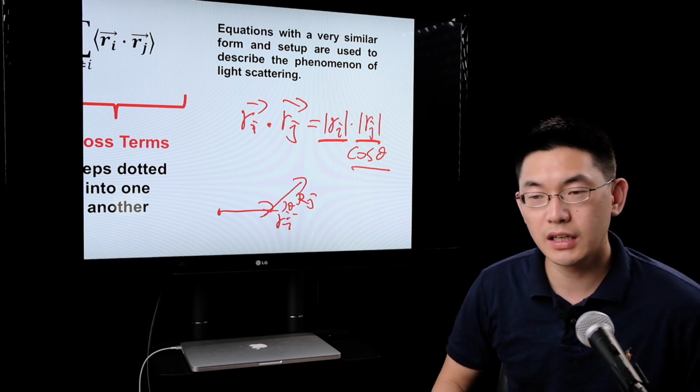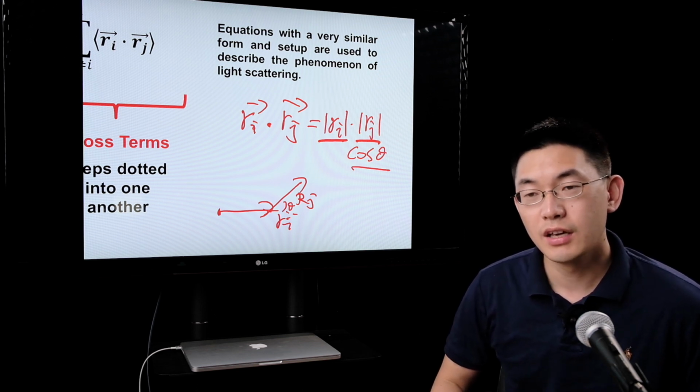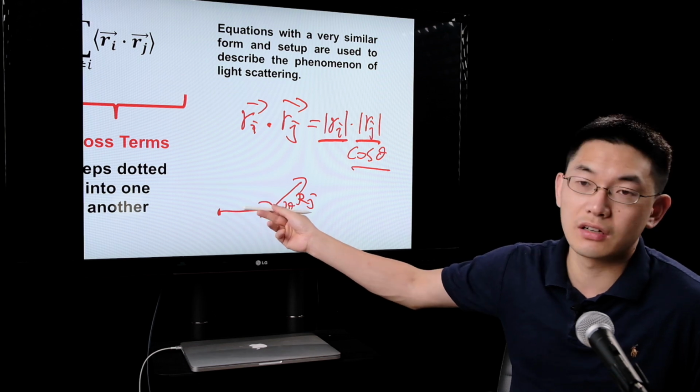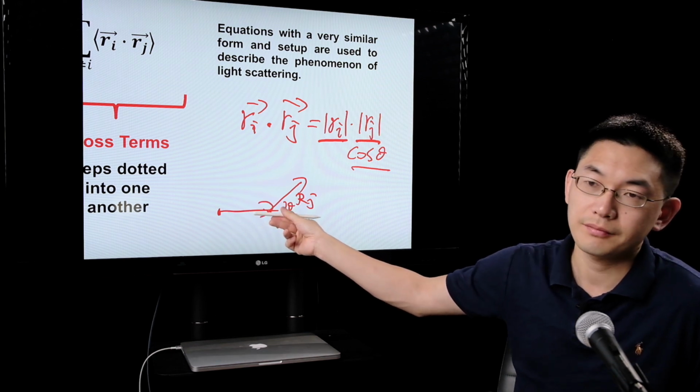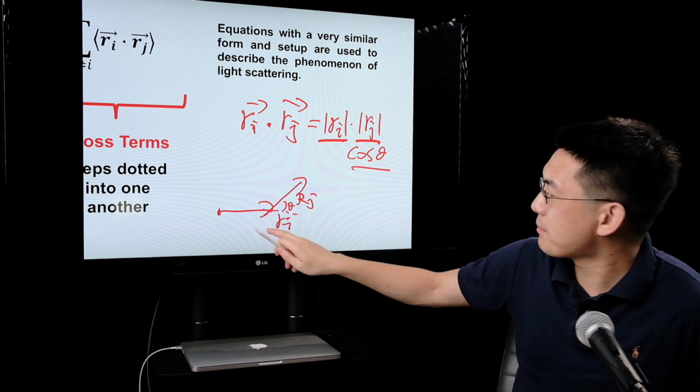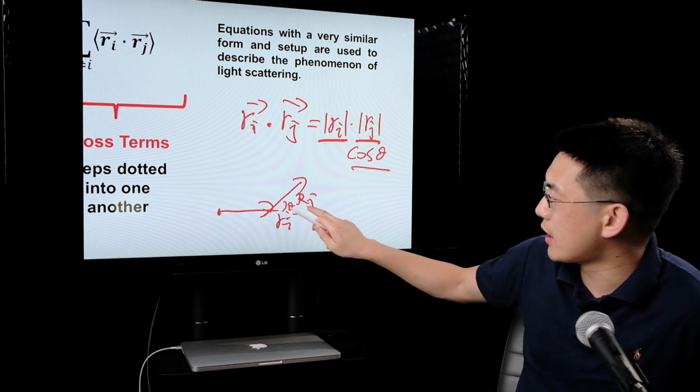The physical meaning of that is, if I have two vectors and I lay one over the top of the other, the dot product tells me how much directionality the second vector has along the first one's direction. If they're perfectly aligned in the same direction, that happens when I multiply Ri by Ri.